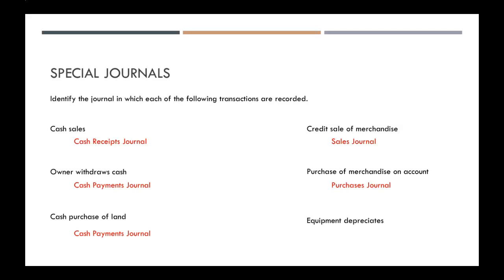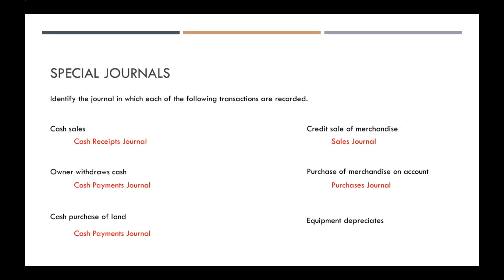And then our last one, our equipment depreciates. So if we think back to when we learned about recording depreciation, when we debit depreciation expense and credit accumulated depreciation, that's an adjusting entry.